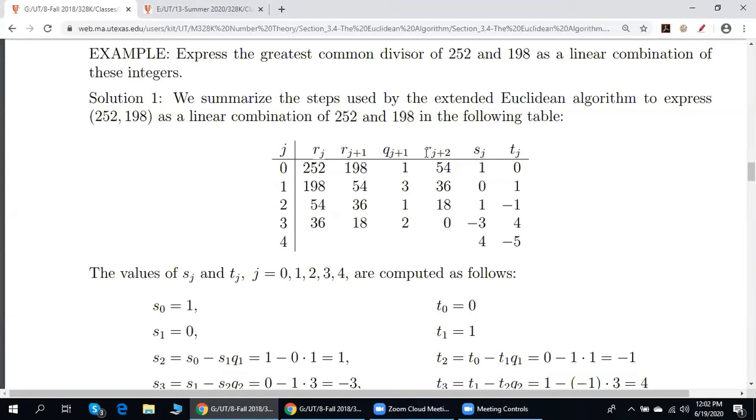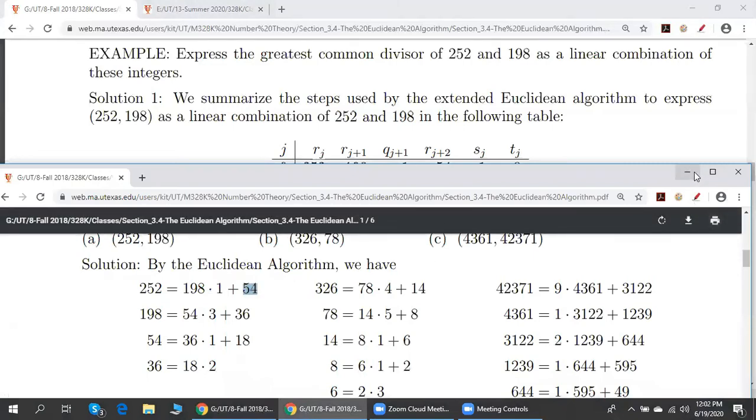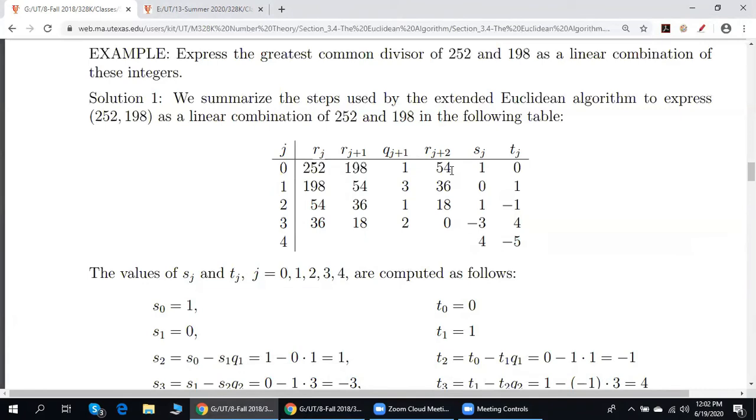Lastly, if j is equal to 0, Rj plus 2 is R2. According to what is written here, R2 is 54. We put here 54. So, please take a look once again at these 5 numbers.